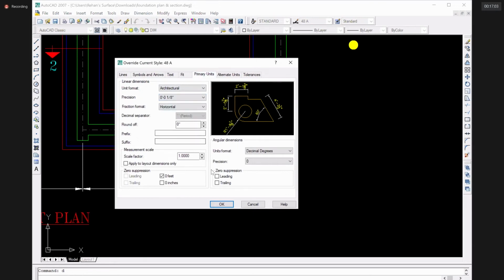That's it. Press OK, and you would press Set Current and close. Right? In this way, your dimension line will be set.